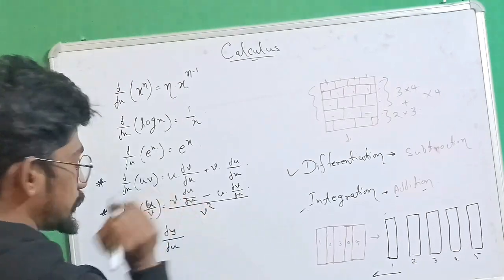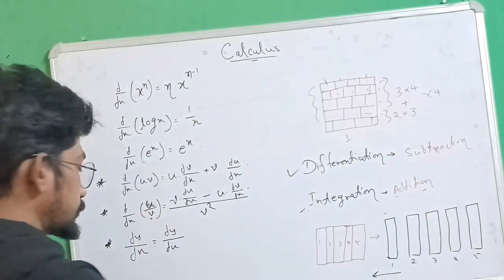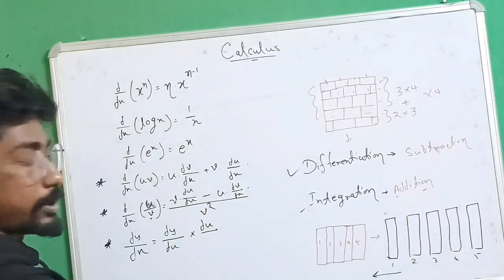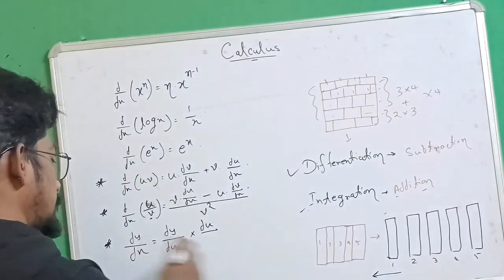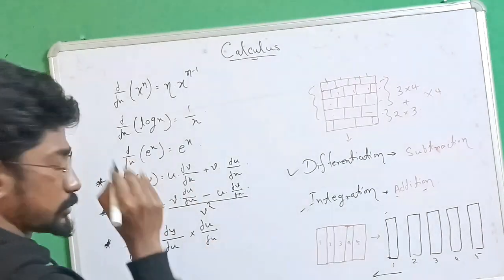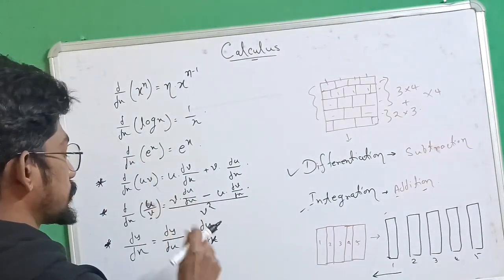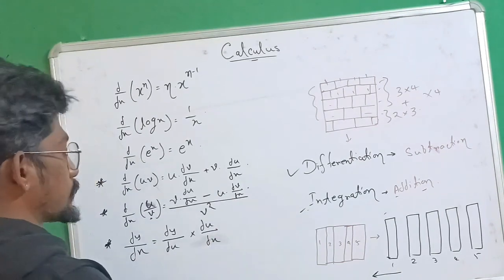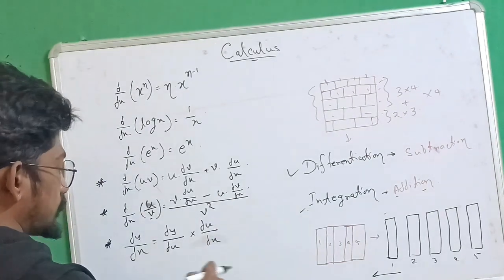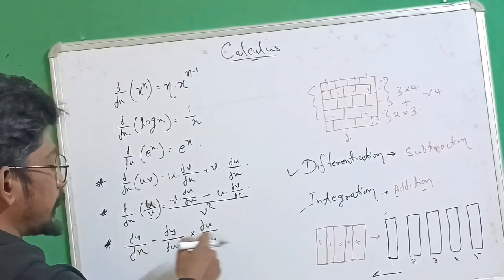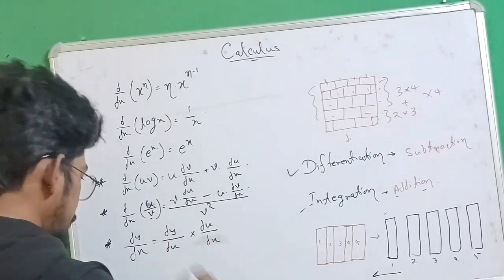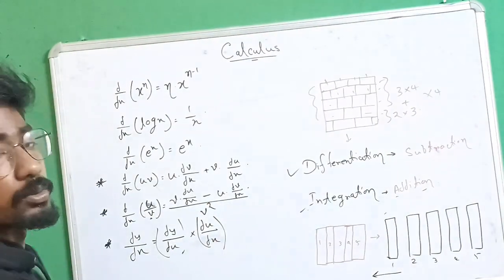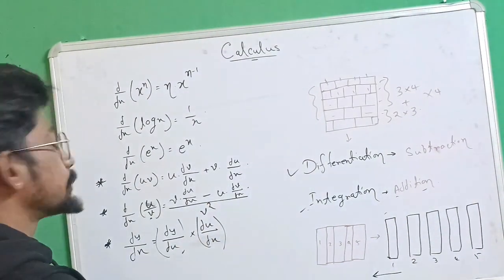So du here. But du is not given to you. How can you eliminate this du? Take a du at the numerator, so these two will cancel out. Now place this denominator here. Ultimately what you are getting is dy by dx, but du will cancel out. This is from the question, so that is why we can use the chain rule. That is how we will use it.